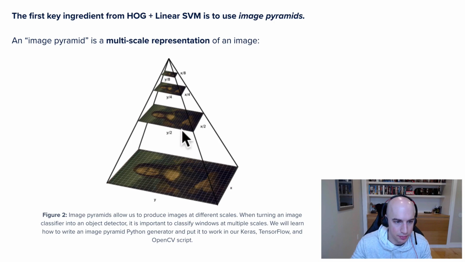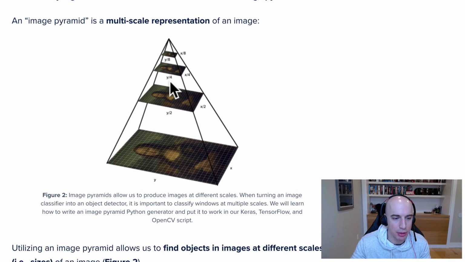So here we take this input image, we divide it by 2, and this gives us half the size of this one. Now, what's nice here is that objects that looked really, really big here in this original representation of the image now look smaller over here. That's really important when we start working with sliding windows.